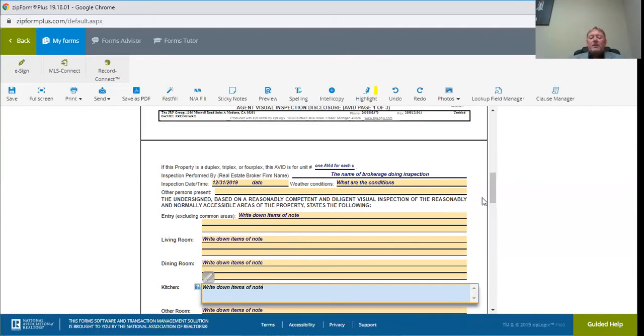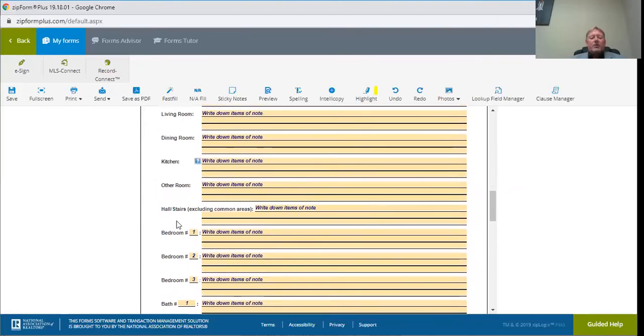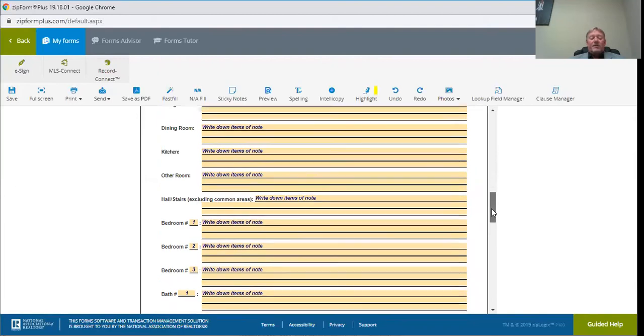Then you continue on your AVID as you go down. You'll be going over each part of the house, the hall itself, and how many bedrooms are applicable. Is it 1, 2, or 3? If it's only a 2-bedroom house, then you'll write bedroom 1, bedroom 2, and note anything of importance.